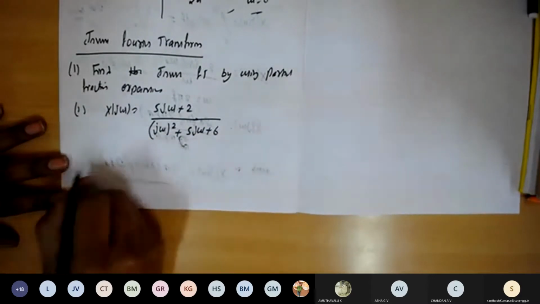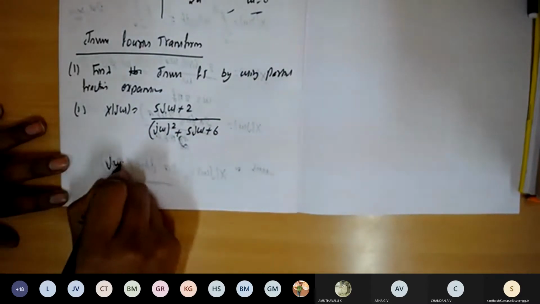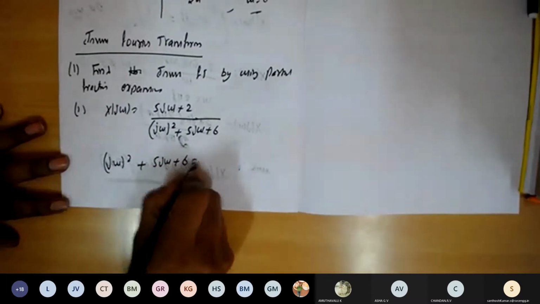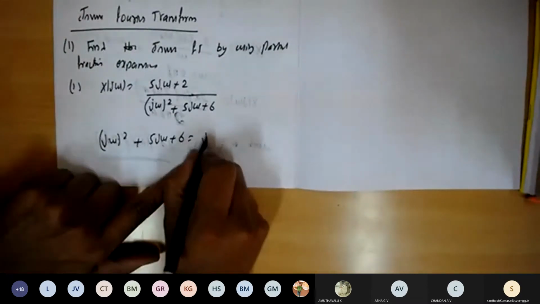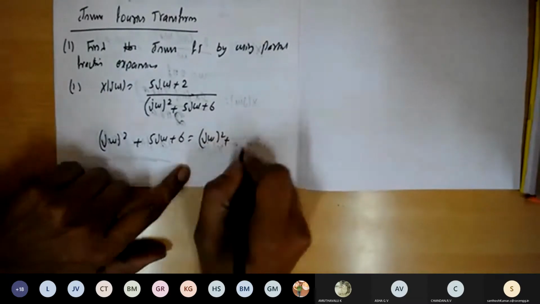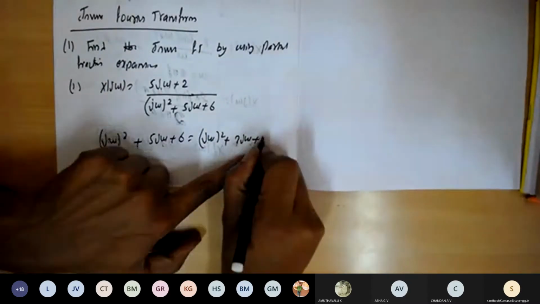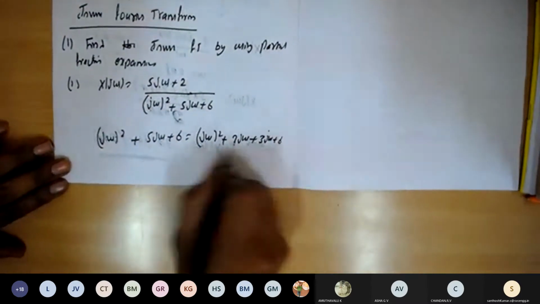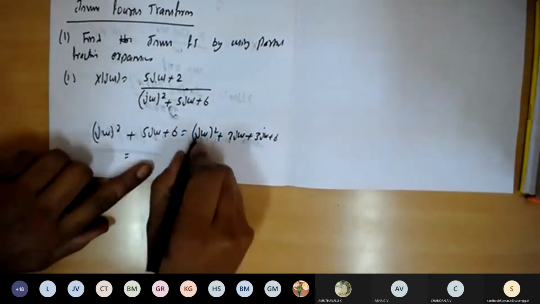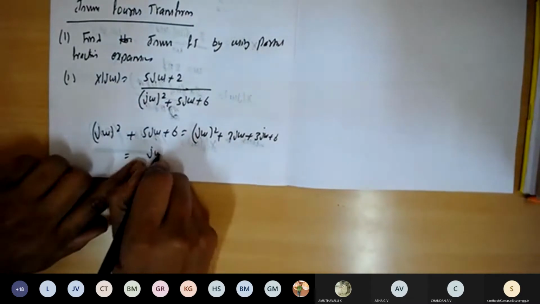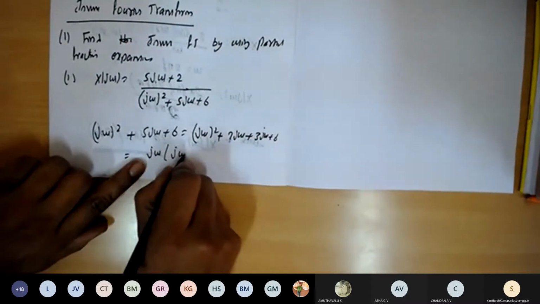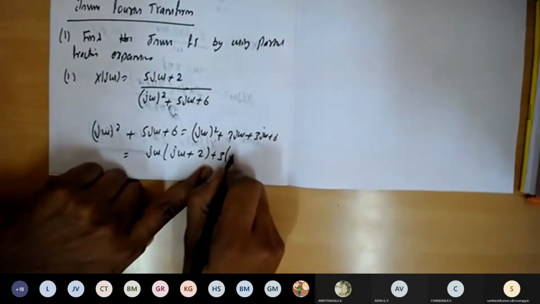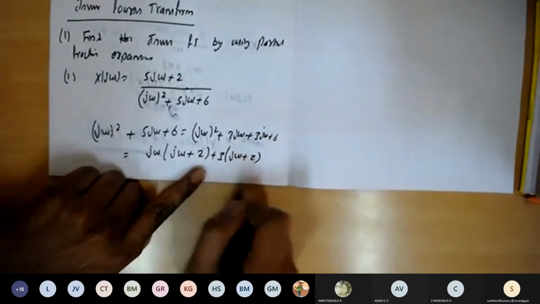The denominator is (j omega) squared plus 5j omega plus 6. This can be expanded as (j omega) squared plus 2j omega plus 3j omega plus 6. We can factorize this quadratic expression: take j omega common, which leaves j omega plus 2, and take 3 common, which leaves j omega plus 2.